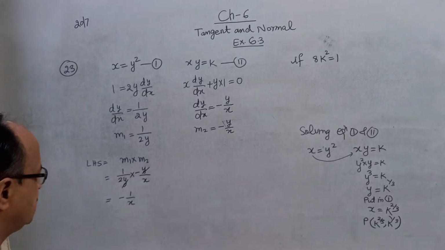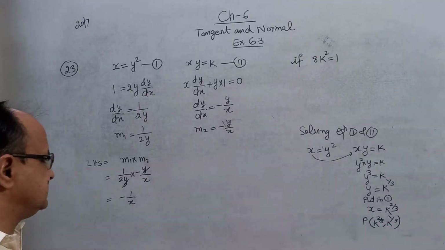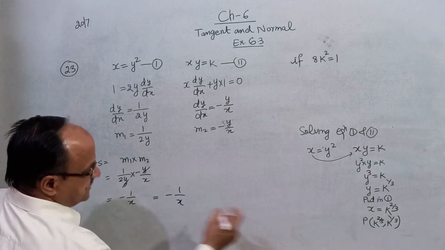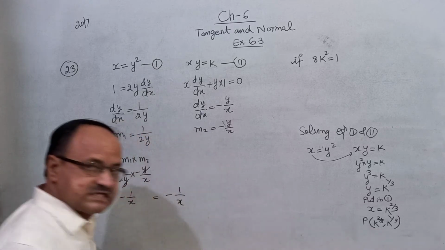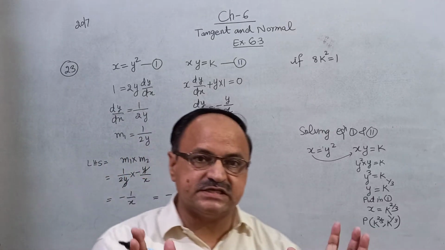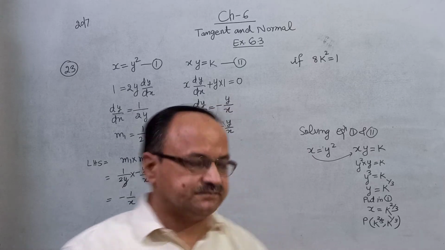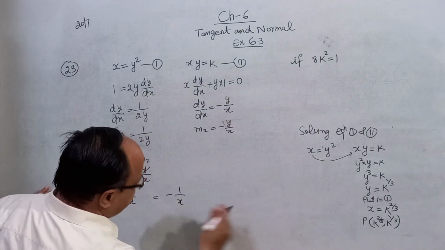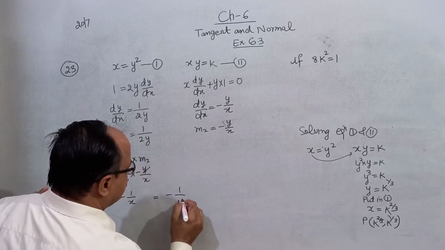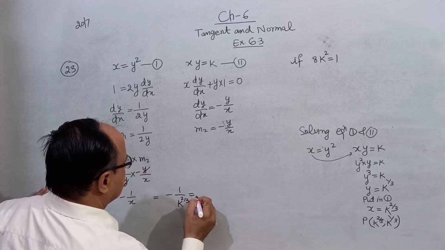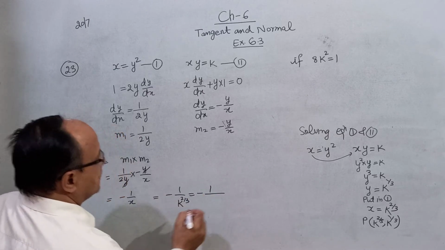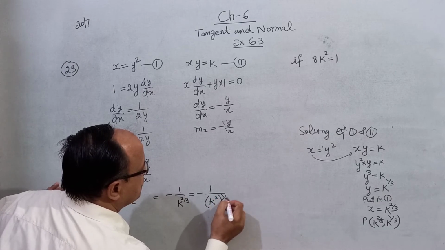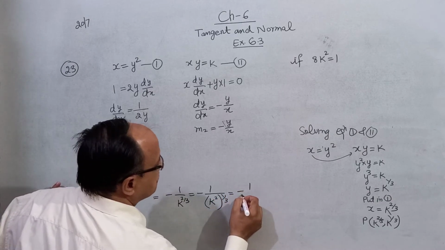Clear? So you can apply here. What is the value of x from here? This is the point of intersection where both curves intersect. Put the value of x, the value of x is k to the power 2 by 3. K to the power 2 by 3 minus 1 upon. You can write like this: k square whole to the power 1 by 3 minus 1 by.